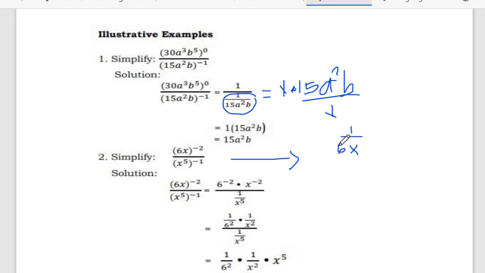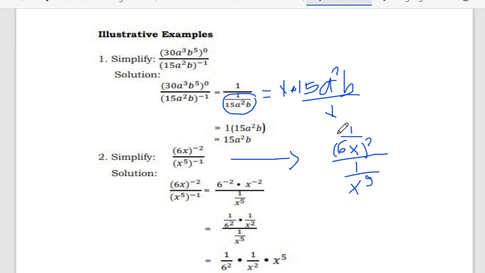X, tapos meron siyang squared, all over 1 over x raised to 5.